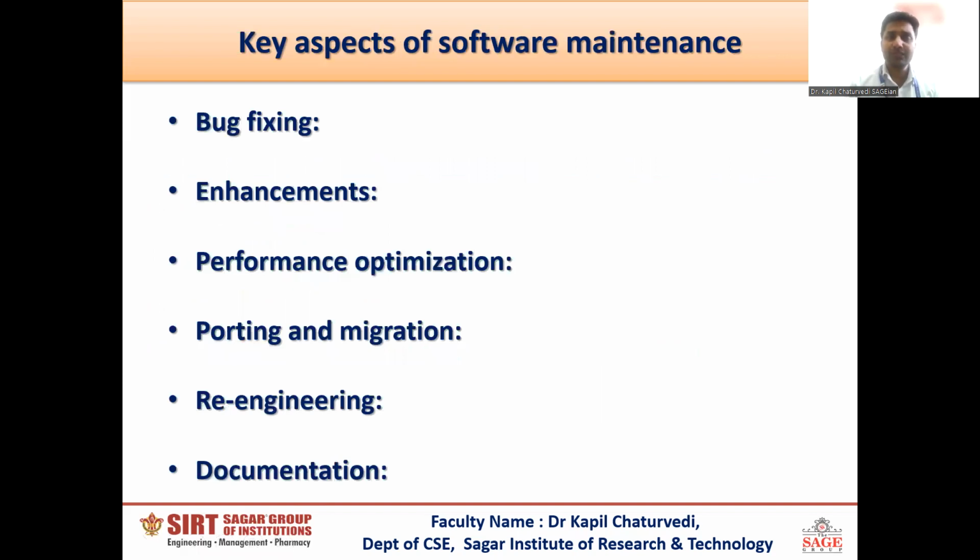Now, what are the key aspects of software maintenance? What are the reasons behind the maintenance phase? The major reason is bug fixing. Bug fixing means to correct the errors which may occur at runtime, runtime exceptions. We see many times when we use Word, Excel, or PowerPoint, an unhandled error occurred message, asking if you want to send that error to Microsoft.